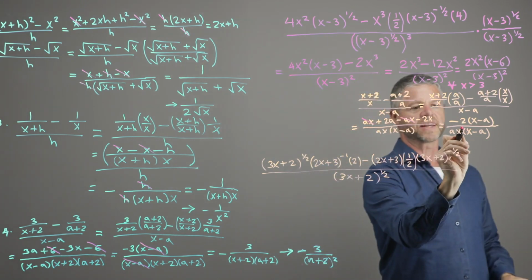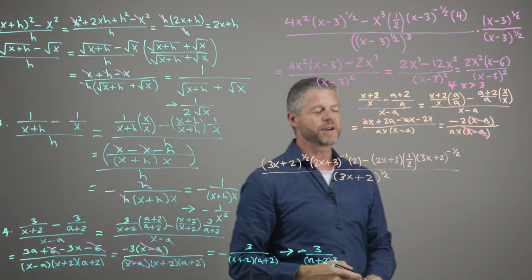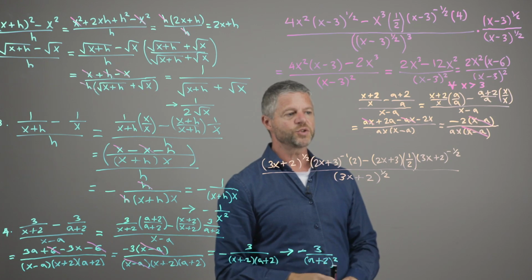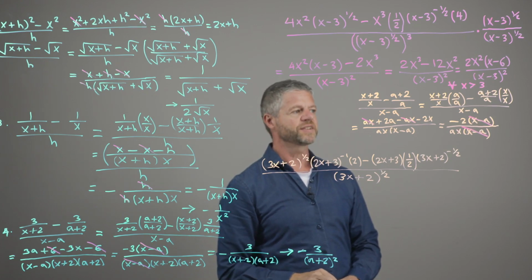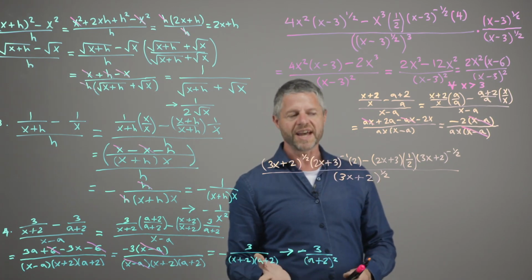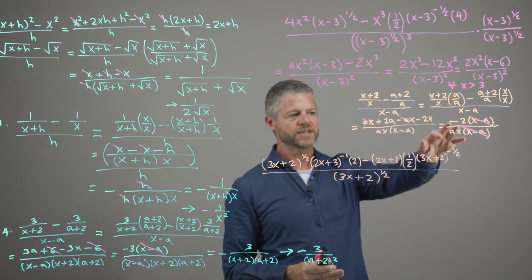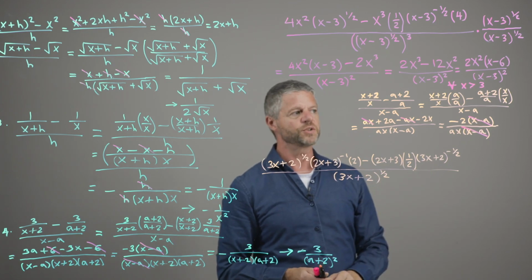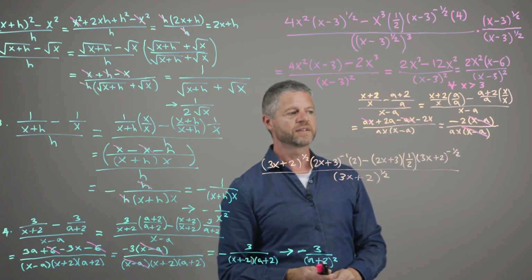Now I can cancel the x minus a's. And my final answer is minus 2 over ax. And so as x goes towards a, this expression will go towards minus 2 over a squared.